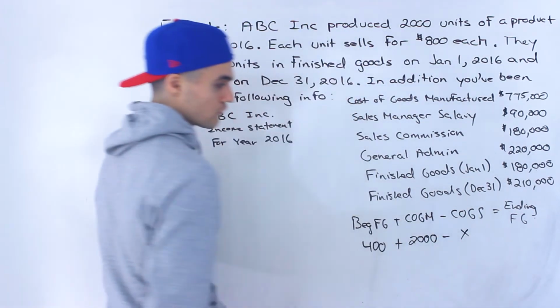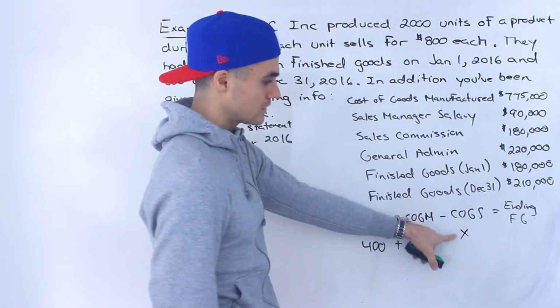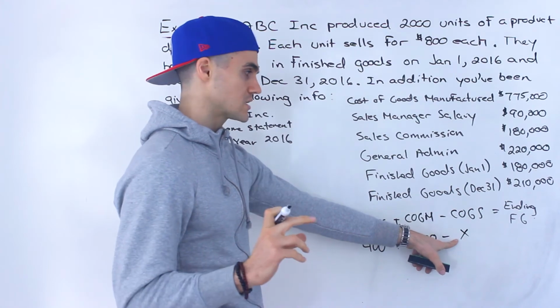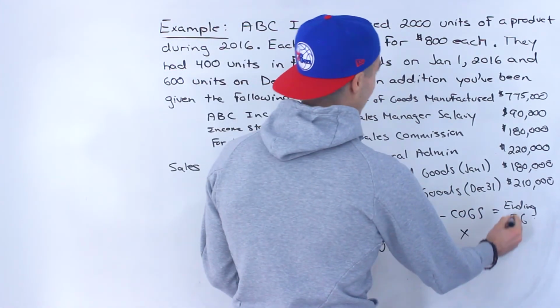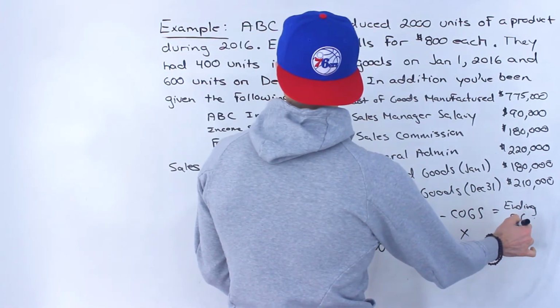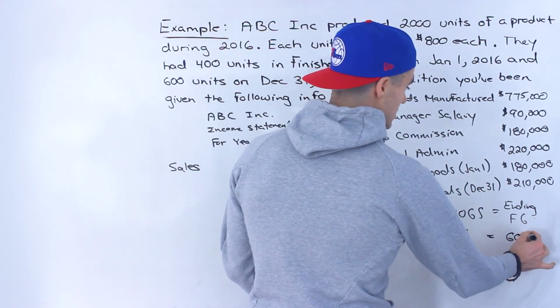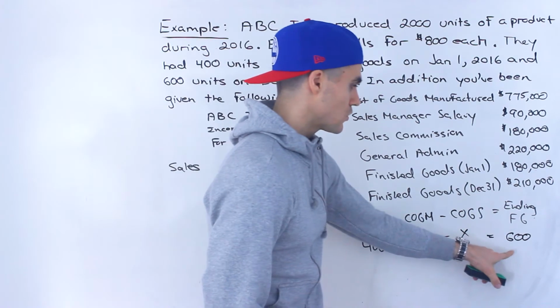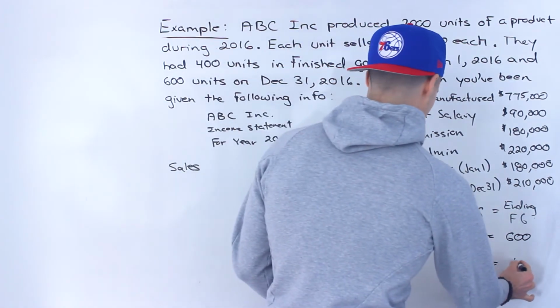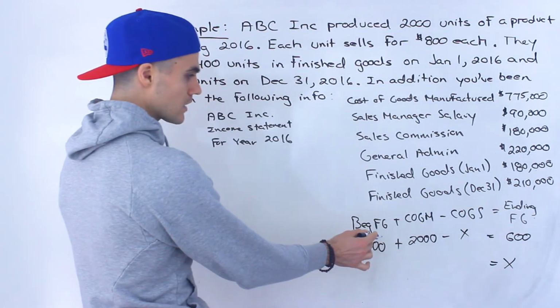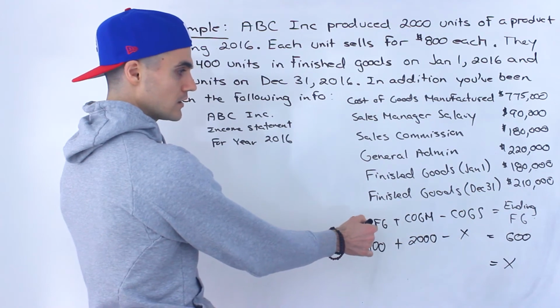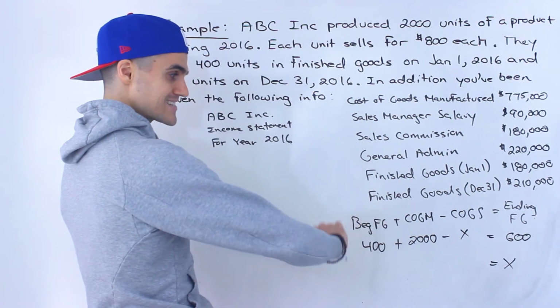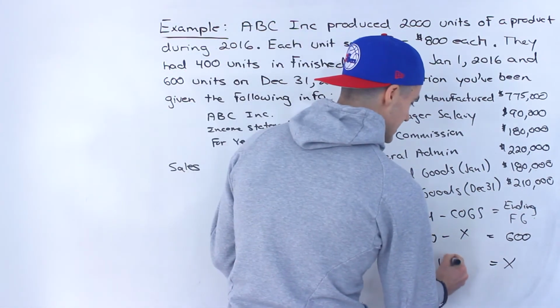So we're actually going to solve for that. So this cost of goods sold, in this case, is going to be the number of units that are going to be sold. And then we're going to have that ending finished goods, which is 600 units. So if we bring this over, we would end up having 2,400 minus 600, which would give us 1,800.